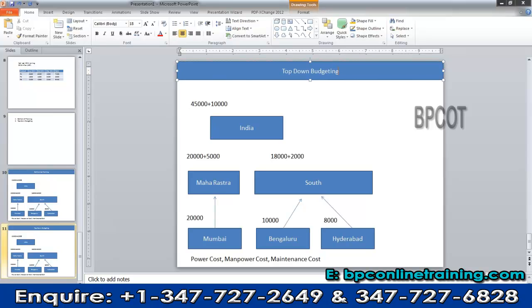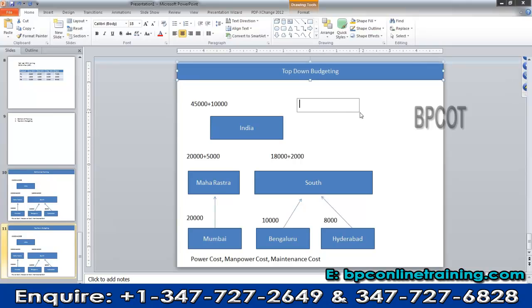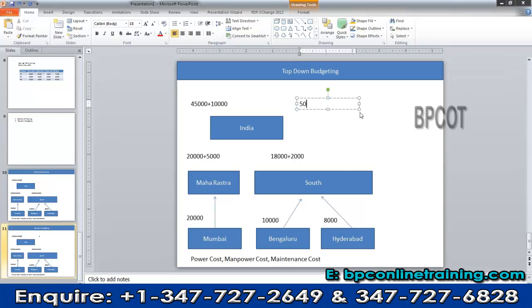They analyzed so many things and they released, okay, remember, they released $50,000 for the next year expenses. Based on your plan, they released some budget. The budget is $50,000. The board of directors released only 50,000.